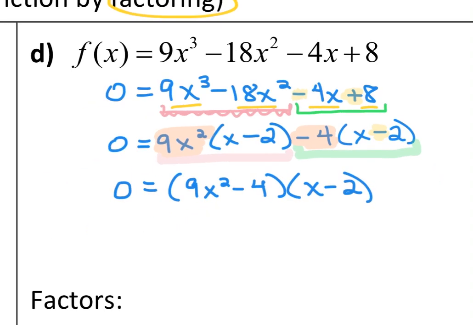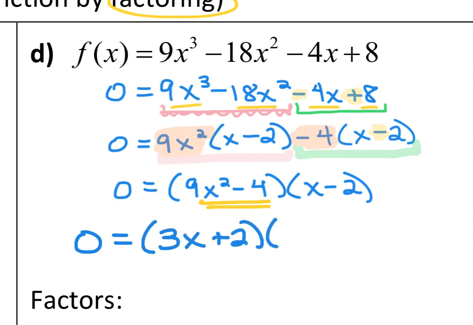Now, hopefully at this point, you can see that 9x squared minus 4 can be factored again. And so now I have 3x plus 2 times 3x minus 2 times x minus 2.